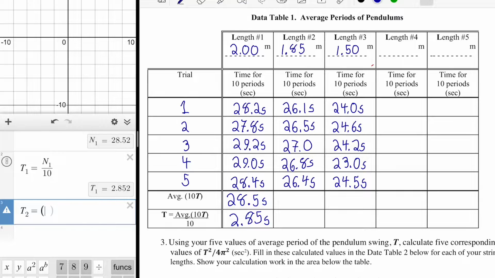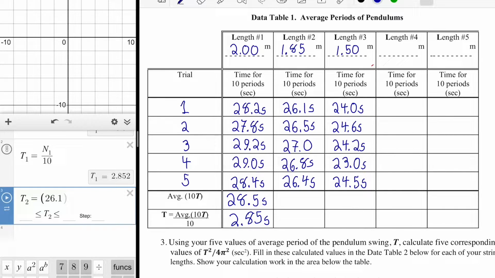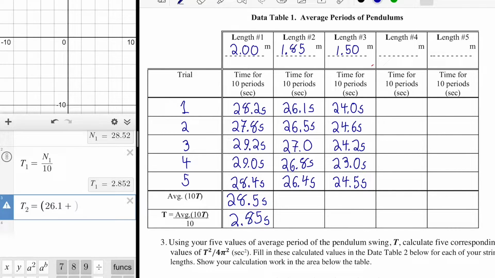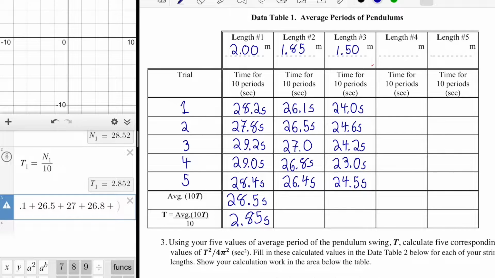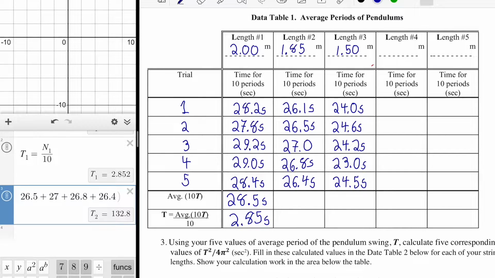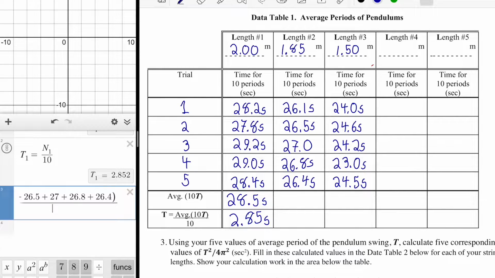With averages, you just add all the values together and divide by the number of values. So 26.1 plus 26.5 plus 27 plus 26.8, plus 26.4. The values I chose here kind of represent the type of imperfect data that you might really see. Divide by 5, so that would be 26.56.